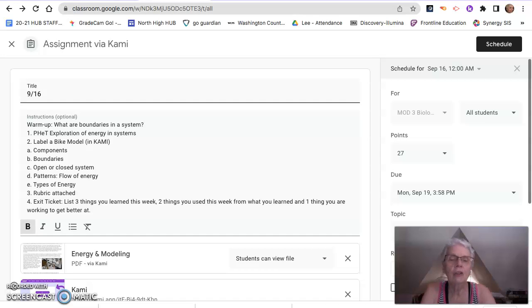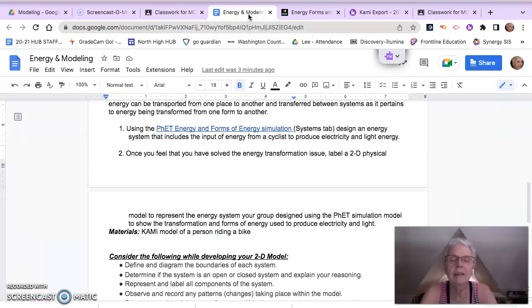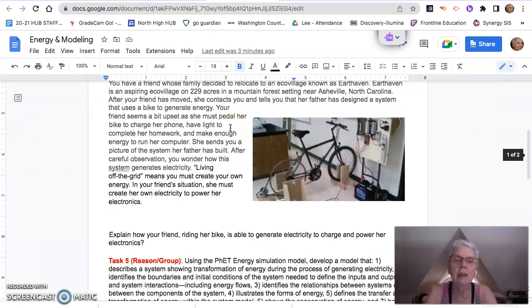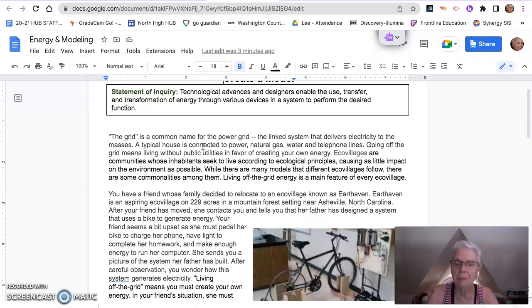We are actually going to start by looking at this energy and modeling paper. So we're going to create a model. We are still looking at technological advances, and designers enable us to use, transfer, and transform energy so that various devices can perform their desired function.